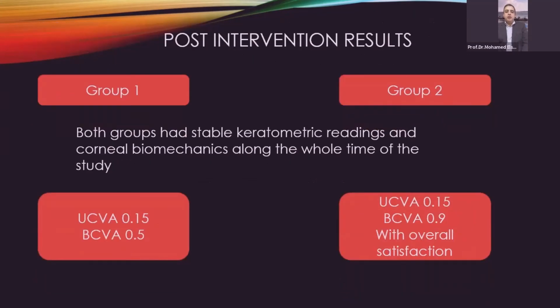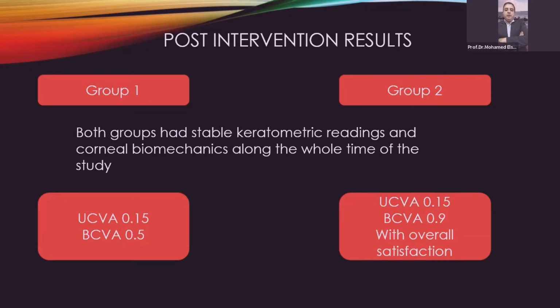The post-intervention results were remarkable: group 2, which had the RGPs, had best corrected vision improvement between 0.5 and 0.9, and all were satisfied, while group 1, which had only glasses, could only reach a best corrected vision of 0.5.